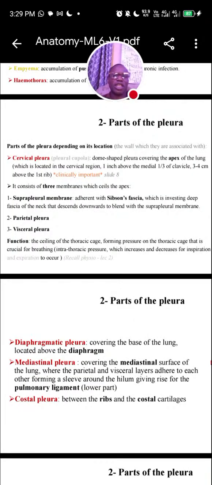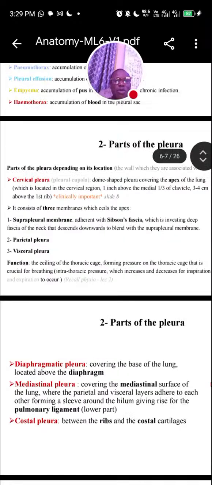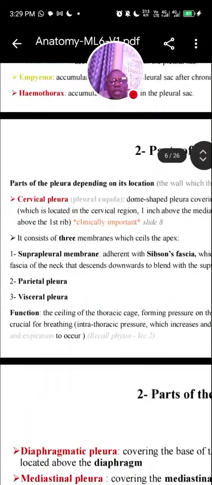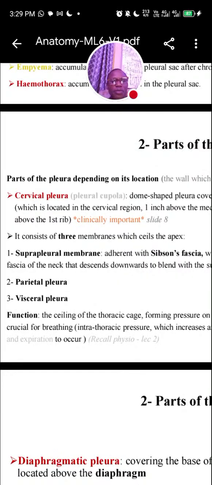Now let's pick the cervical pleura. The cervical pleura is divided into 3 membranes which seal the apex. The first one is the suprapleural membrane. We call this SPV.